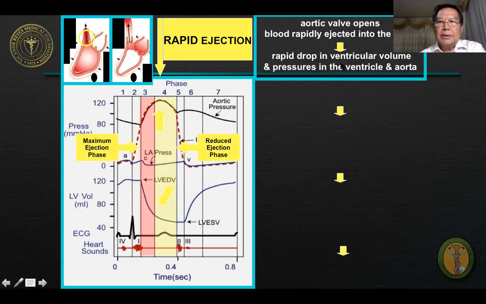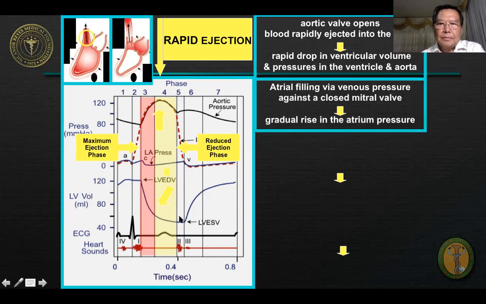And there is a drop in ventricular volume, right? So if this were the volume inside the left ventricle, at this rapid ejection phase, you would note that there is a very significant drop in your left ventricular volume, right?